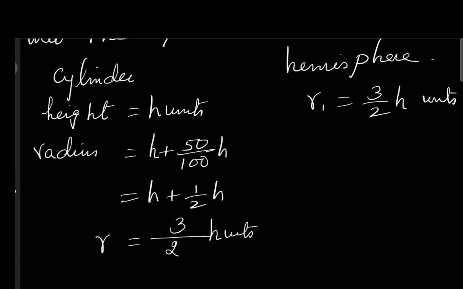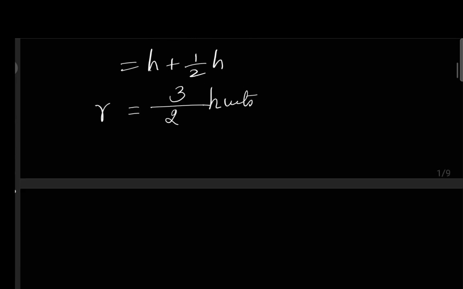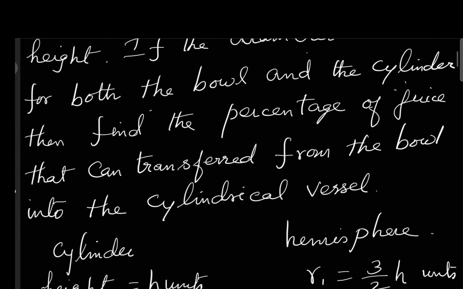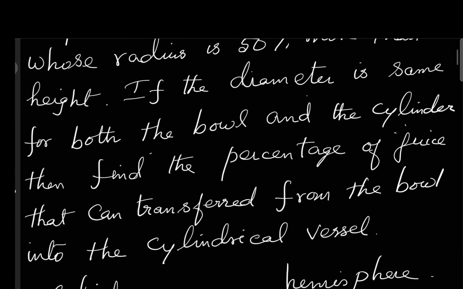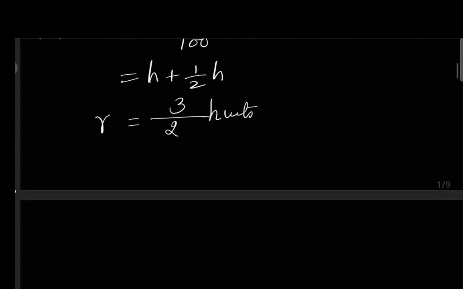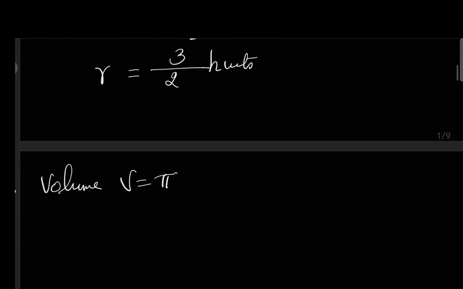Okay, so now find the volume, because we want the percentage of juice that can be transferred from the bowl into the cylinder. Juice is transferred from the bowl to the cylinder. So the volume V of the cylinder is pi r squared h cubic units.